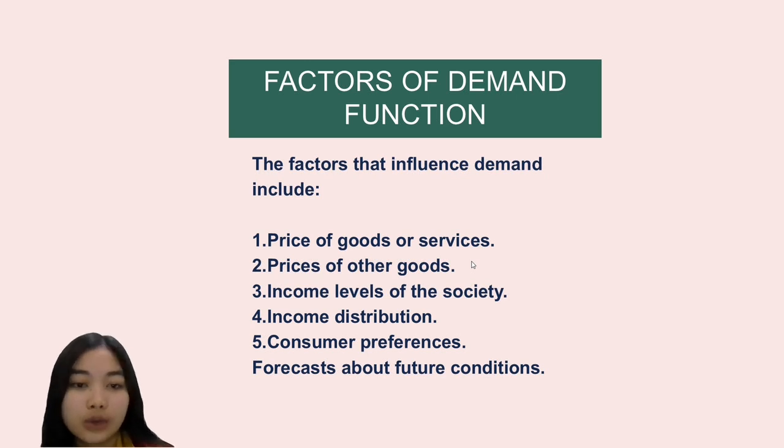Number 2, price of other goods. Number 3, income levels of the society. Number 4, income distribution. Number 5, consumer preference. Forecast about future conditions.